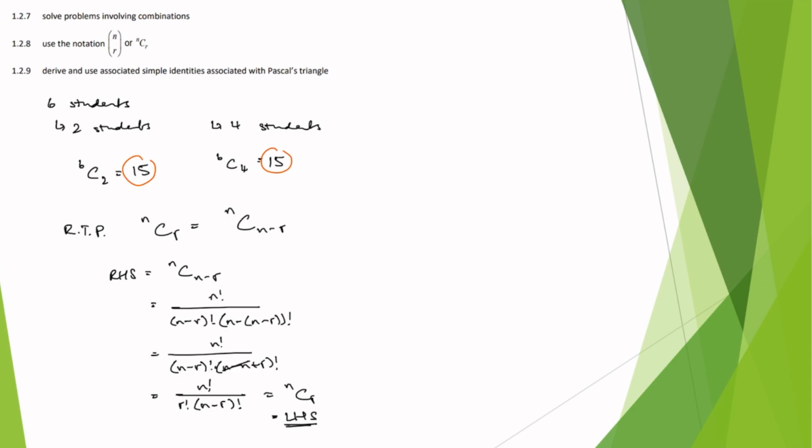Some other important notes that we should mention is that n choose 0 is equal to 1, since there is only one way of choosing 0 objects.